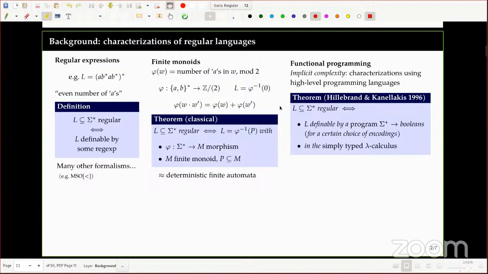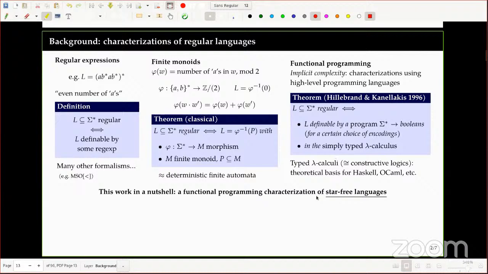Our starting point is a theorem of Hillebrand and Kanellakis that they proved in the 90s, which is that regular languages can be characterized as those languages that are definable in the simply typed lambda calculus. The nice thing about this result is that it's not super obvious, in the sense that the notion of being definable in the lambda calculus just uses Church encodings and does not refer to automata in any obvious way.